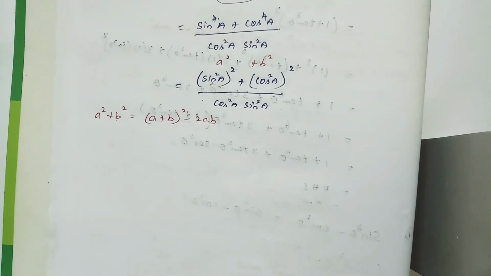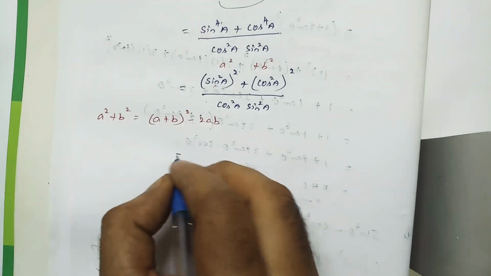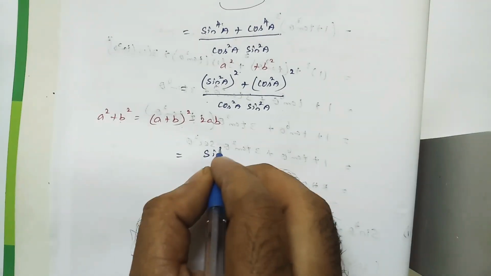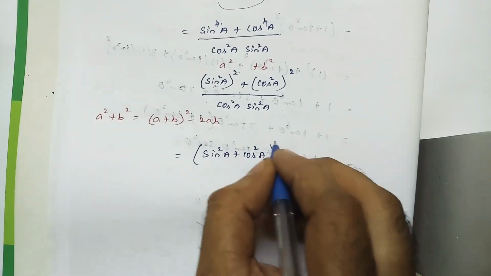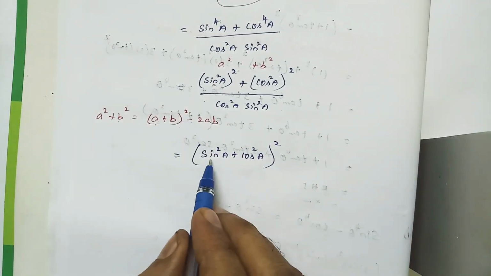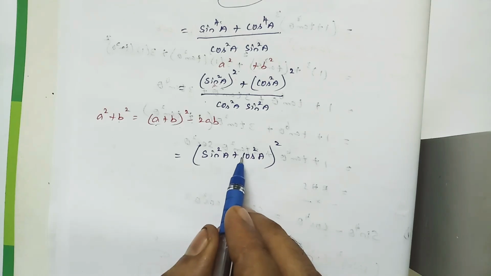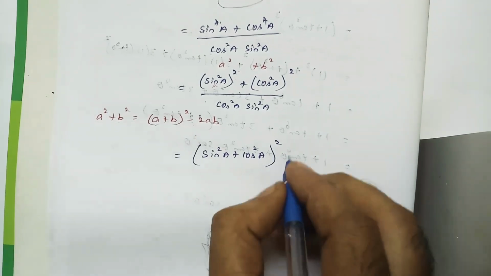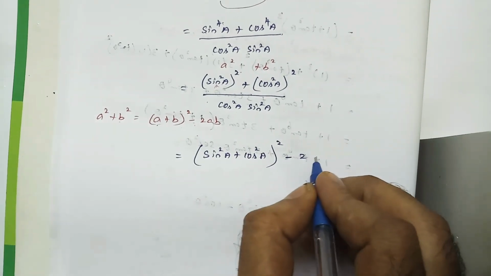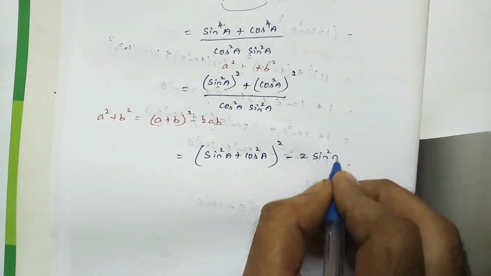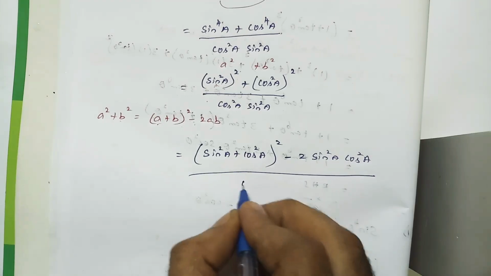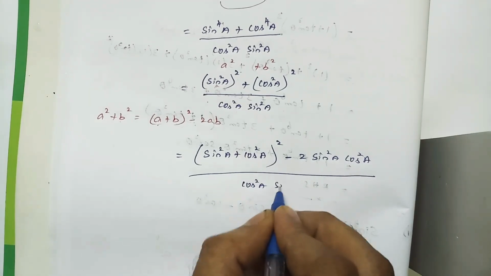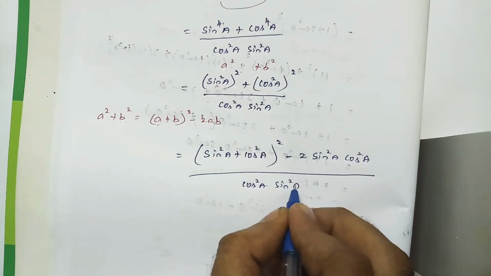So I'm going to apply this formula. The numerator becomes (sin²A plus cos²A)² minus 2 into sin²A into cos²A, whole divided by cos²A into sin²A.